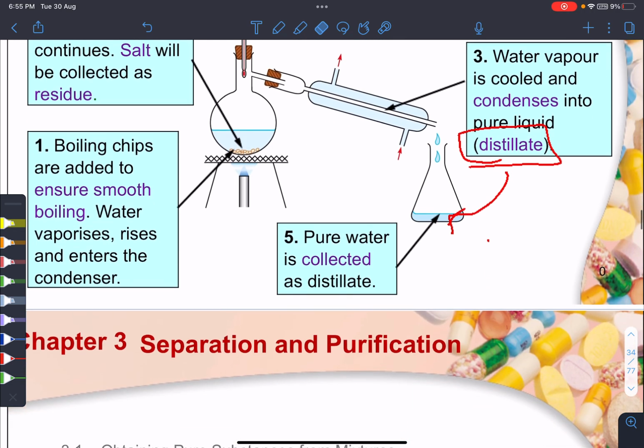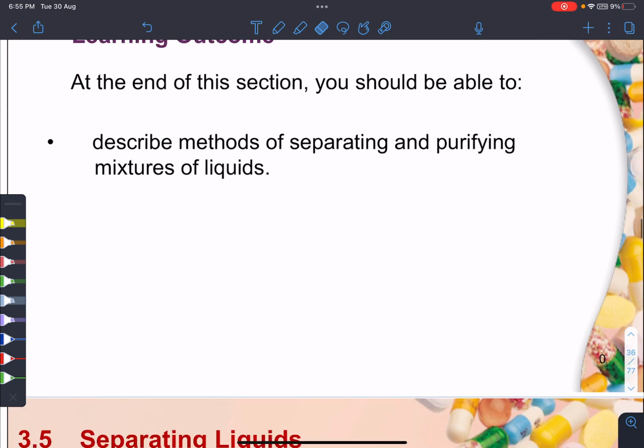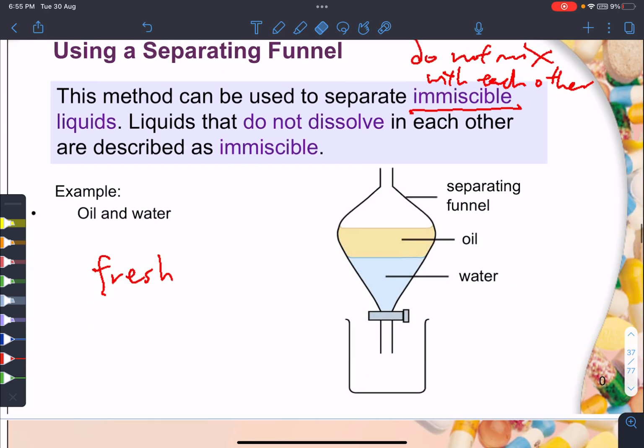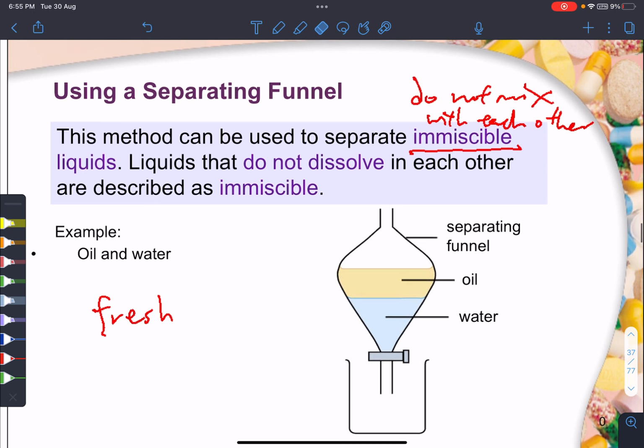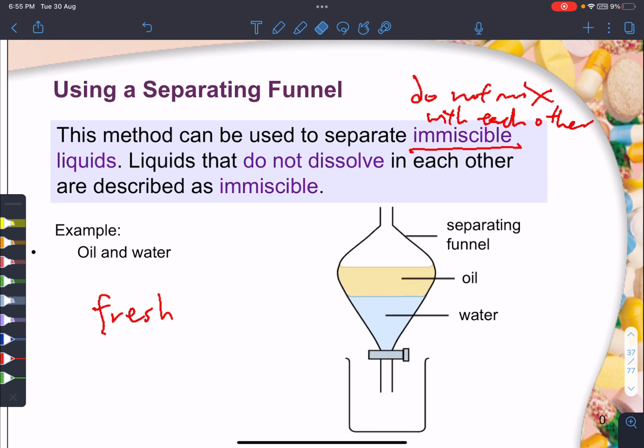Next one will be fractional distillation, that will come later. The separating funnel is something quite simple. It's just used to separate immiscible liquids. Immiscible means they do not mix with each other. So oil and water are considered immiscible liquids.